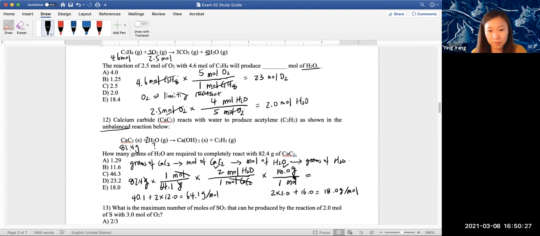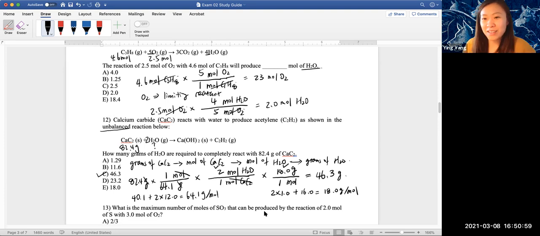And now you just do this calculation, 82.4 divided by 64.1 times 2 and times 18.0, and you're going to get 46.3 grams. So this is the amount of water that is required for this reaction. The correct answer is C.